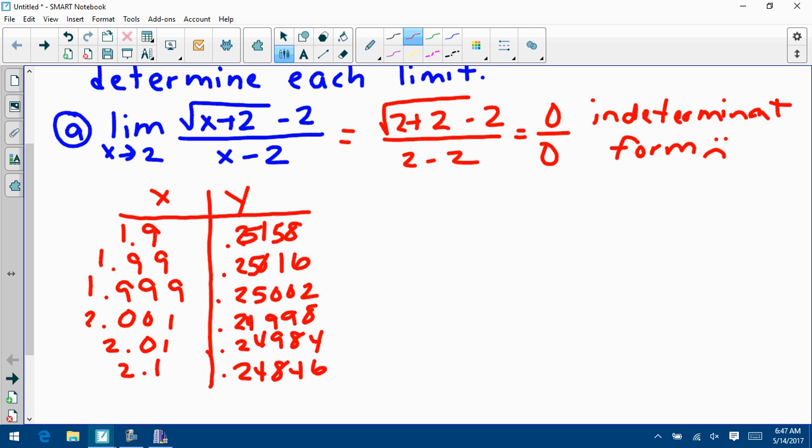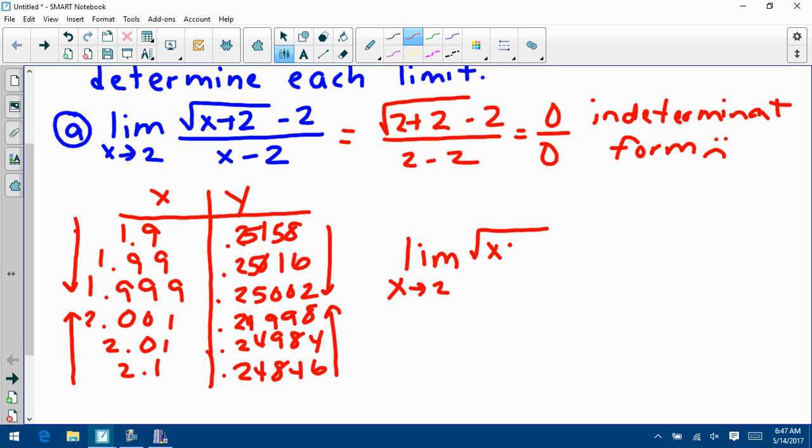So that'd be the kind of work I'm looking to see, and then you can show as you're approaching 2, the limit is approximately 0.25. So we'd say for my answer, the limit as x goes to 2 of radical x plus 2 minus 2 all over x minus 2 is 0.25, or you could say 1/4.